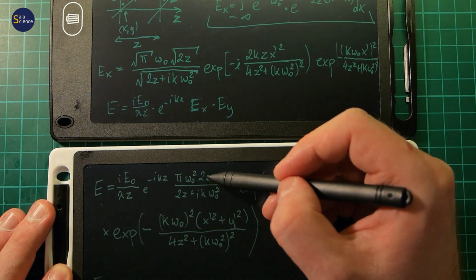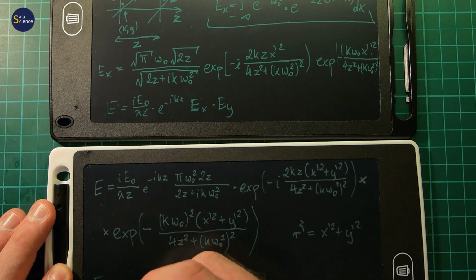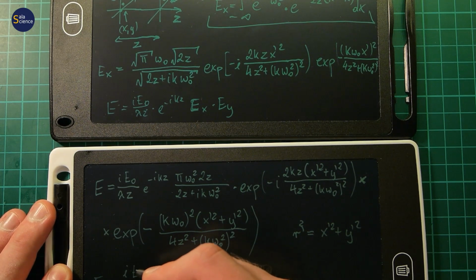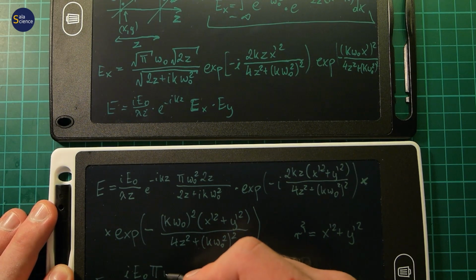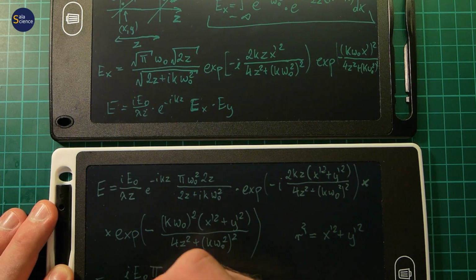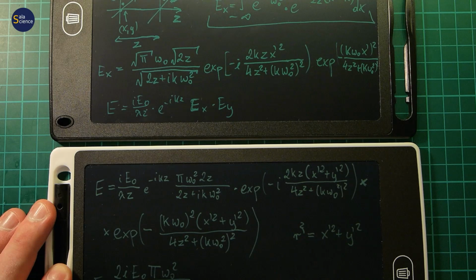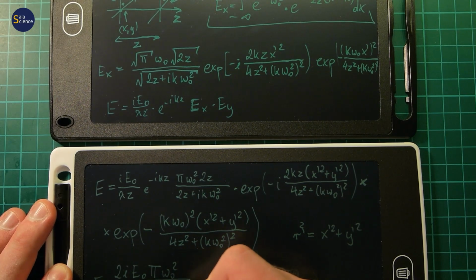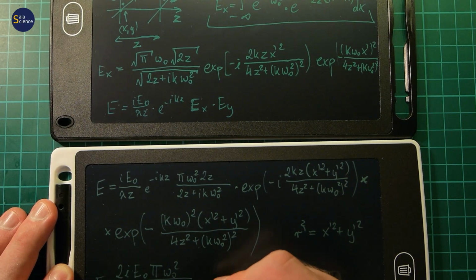So here is z, here is z. We'll have i E naught times pi w naught squared over lambda. This will be 2 times, and here will be 2z plus i k w naught squared.